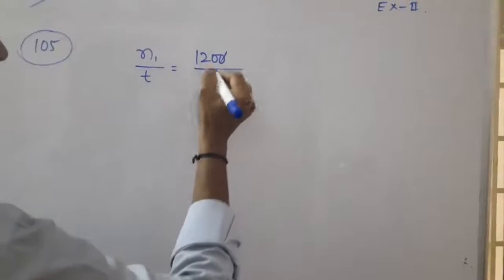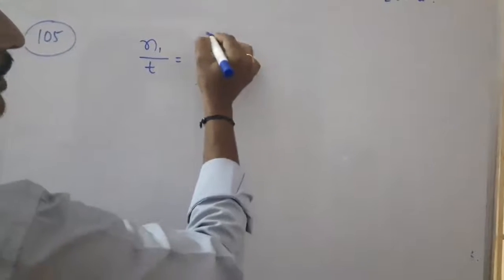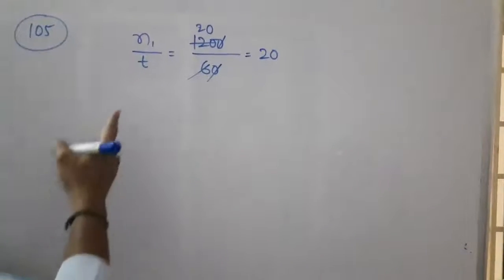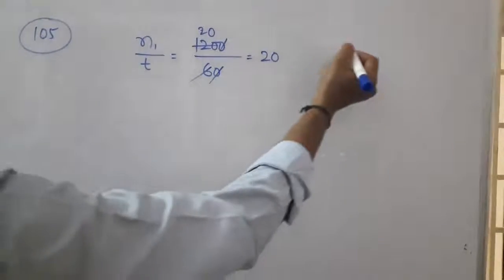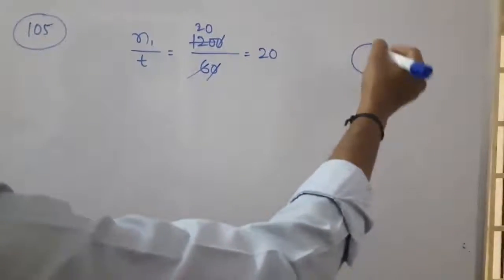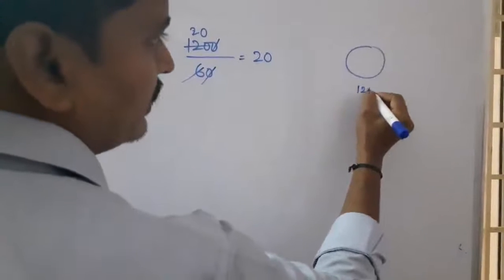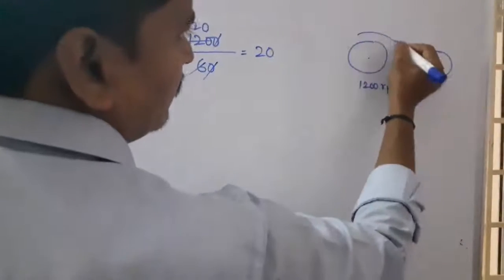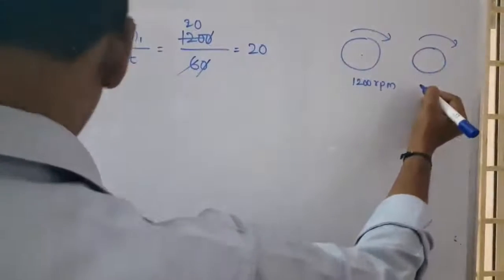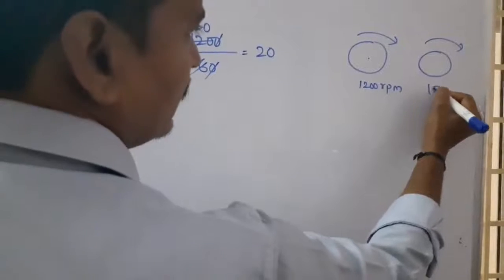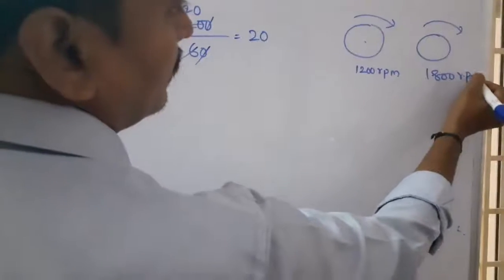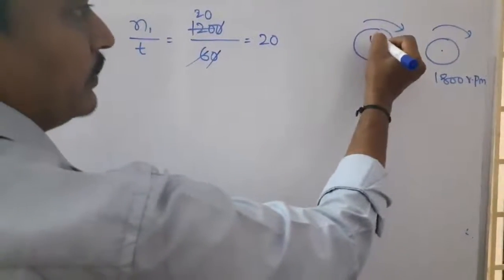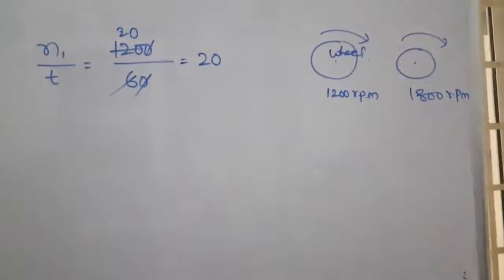So the number of revolutions of this wheel is increasing from 1200 rpm to 1800 rpm. The wheel rotations are increasing.